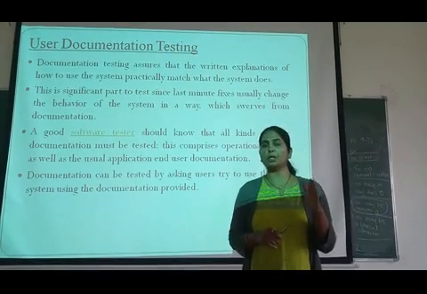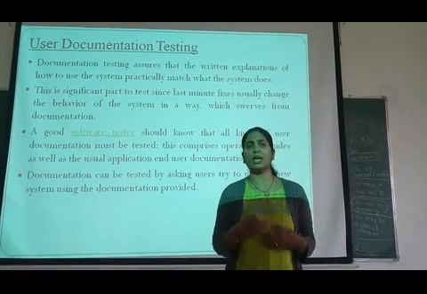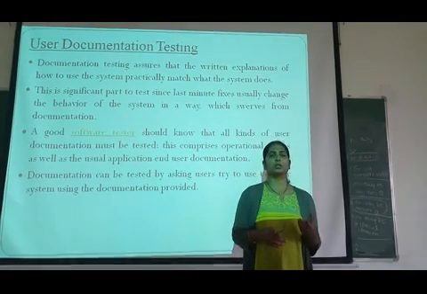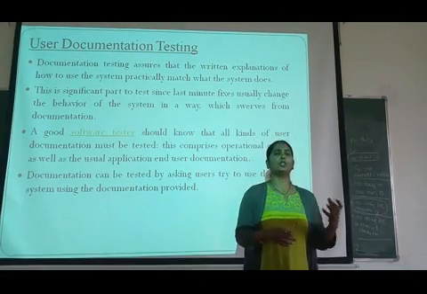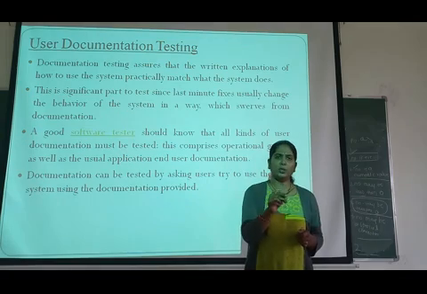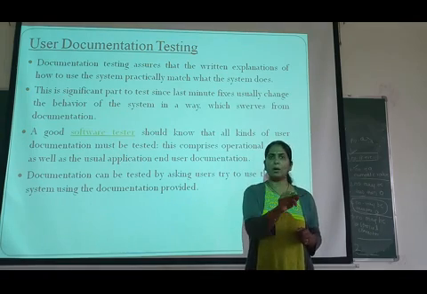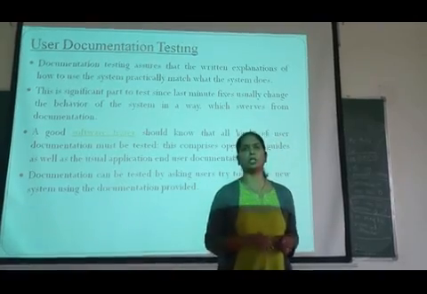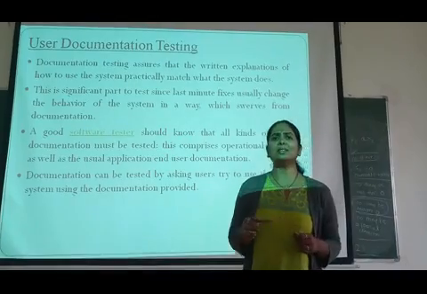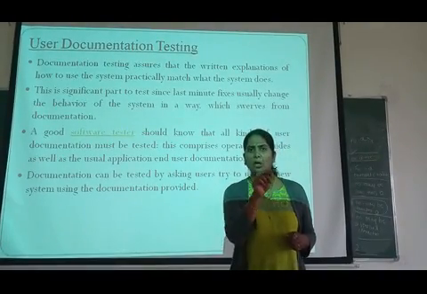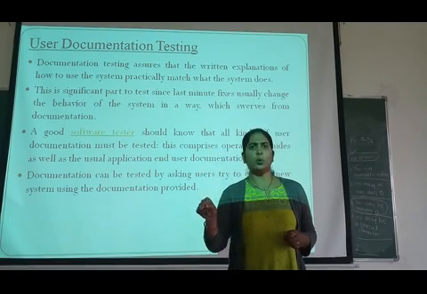Whenever you purchase any new electronic or electrical instrument for your house, you get a manual with it. You are going to read that manual, and according to that, you are going to work on that instrument or machine. So why is this required? As per the instructions they have given, we check whether it is working or not.